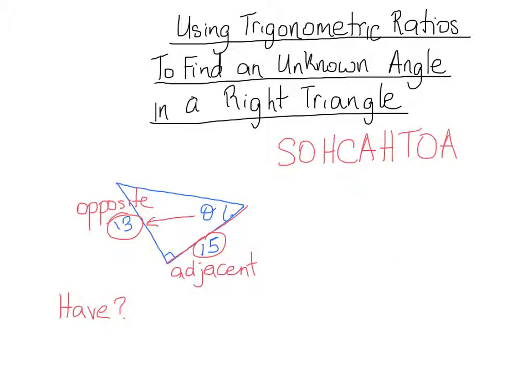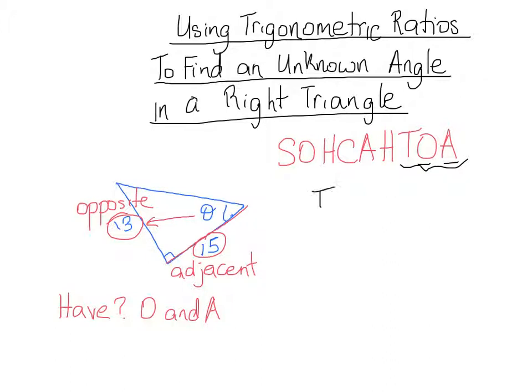All right, so we have the opposite, we have the adjacent. What ratio uses the opposite and adjacent? Well, if you take a look here, we have opposite and adjacent here, so it implies that we'll be using our tan ratio for this problem.